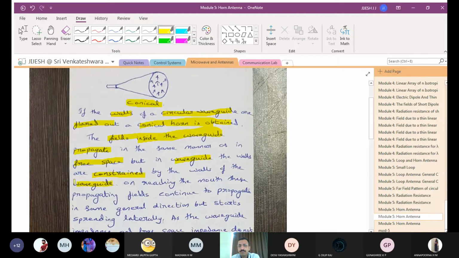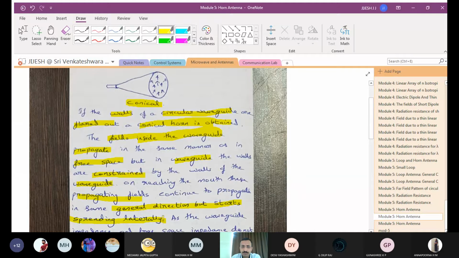On reaching the mouth, meaning the end portion of that antenna, these propagating fields continue to propagate in the same general direction but start spreading laterally.